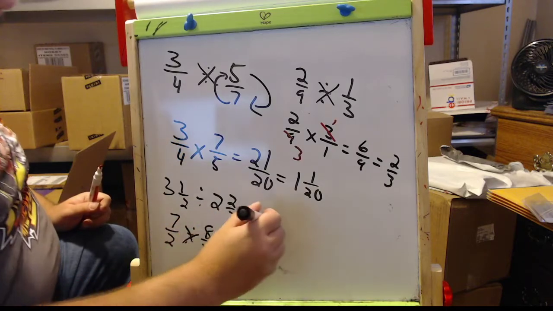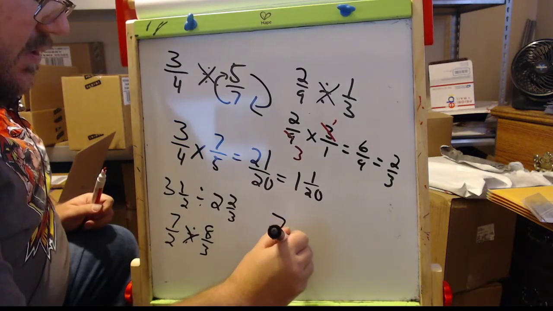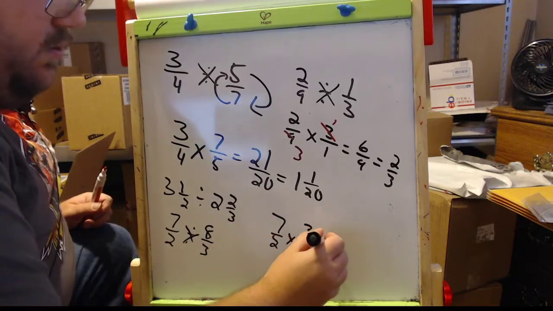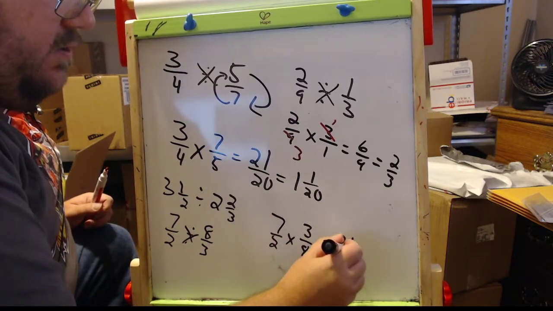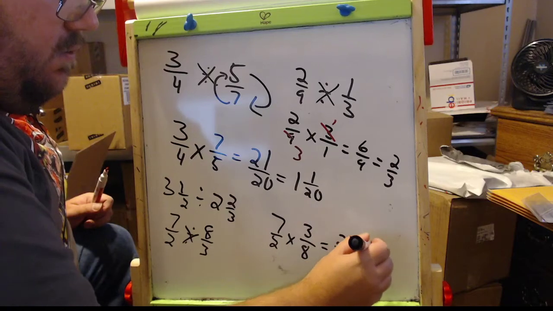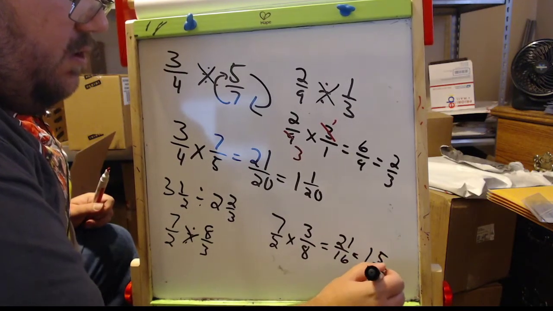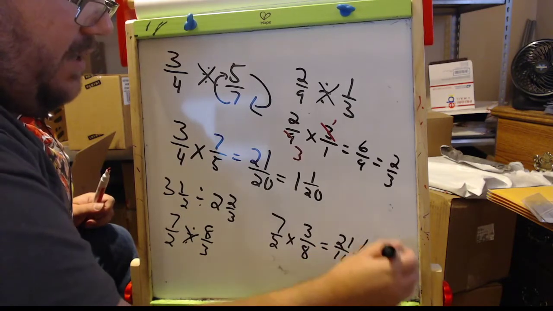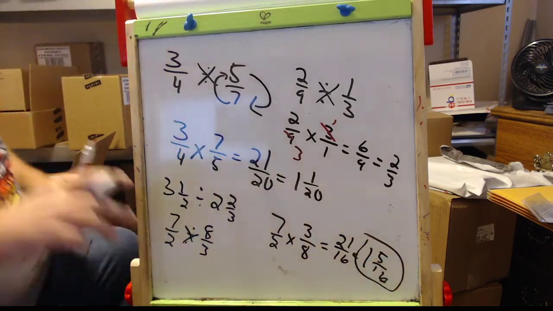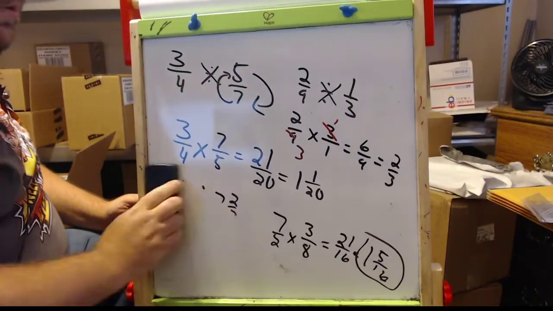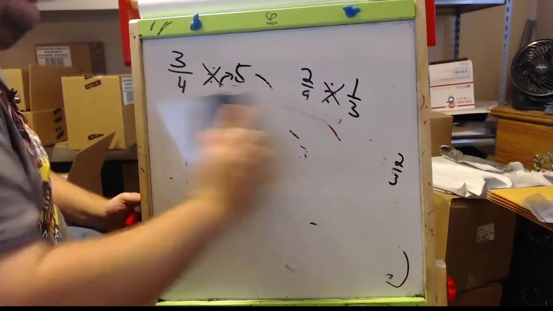Multiply and flip. 7/2 times 3/8. 21/16, or 1 5/16. You should never leave it as an improper fraction unless they ask you to do it as an improper fraction.